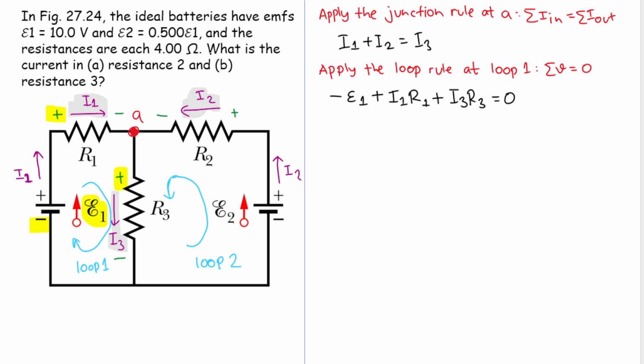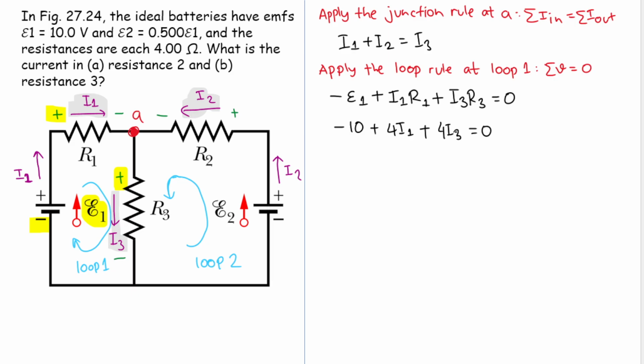Good. And now let's plug in the values. E1 here is 10, so I'll have minus 10. And all the resistances are 4 ohms, so I will have 4I1, because R1 is 4, and then plus 4I3, because R3 is also 4. All of that will equal 0.